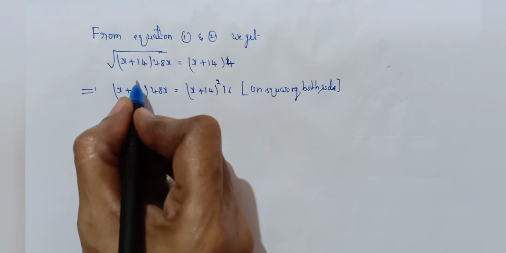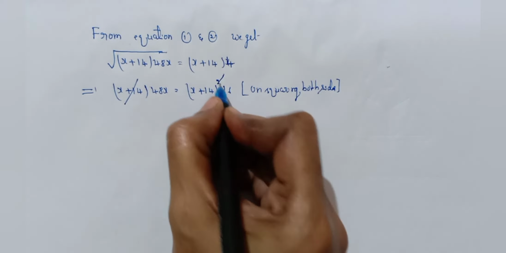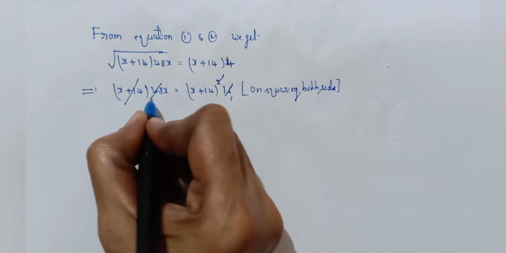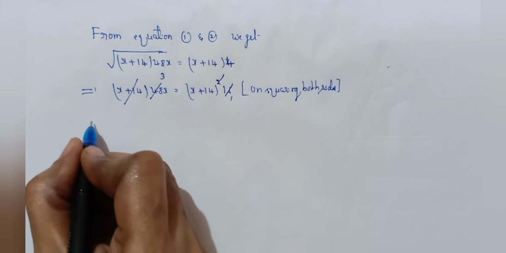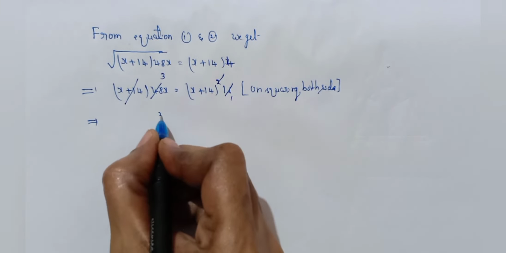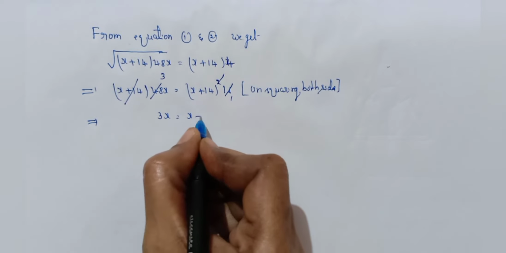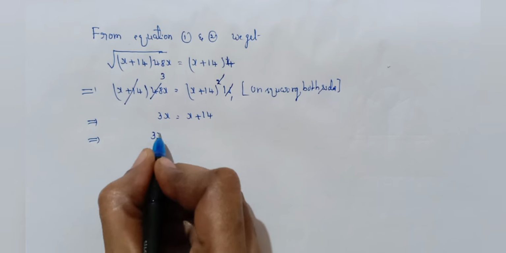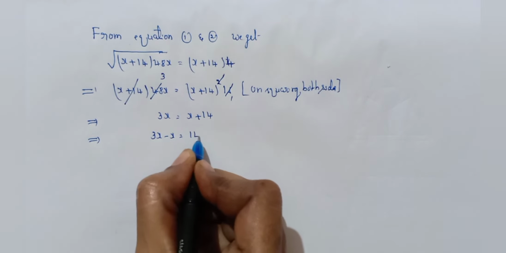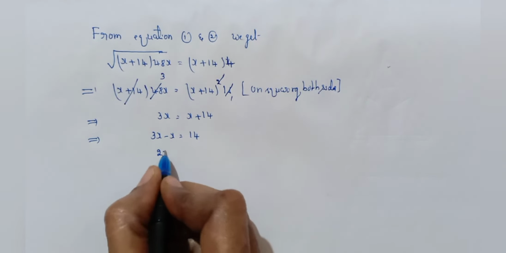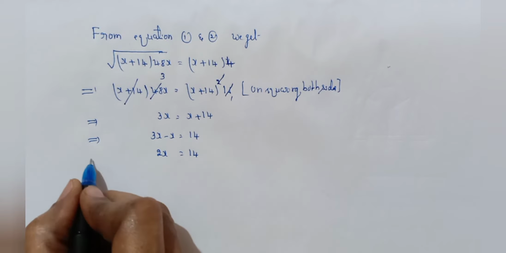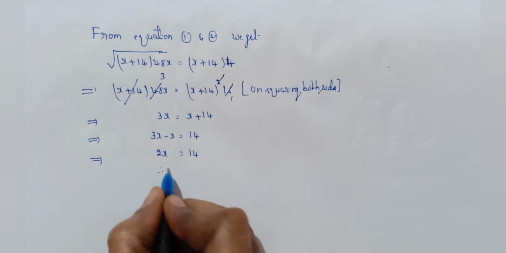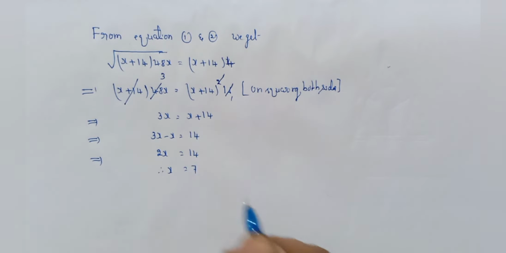Next, we can cancel this x plus 14, and 16 ones are 16, 3s are 48. Then 3x is equal to x plus 14. Next, 3x minus x is equal to 14. Then 2x is equal to 14. So, x is equal to 7 centimeter.